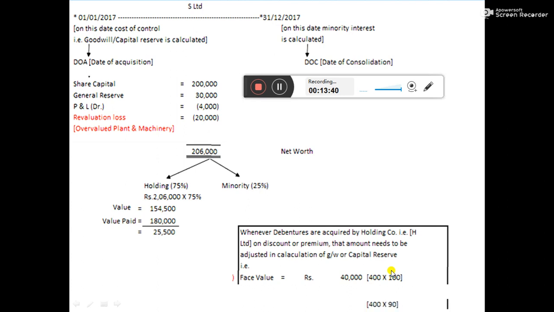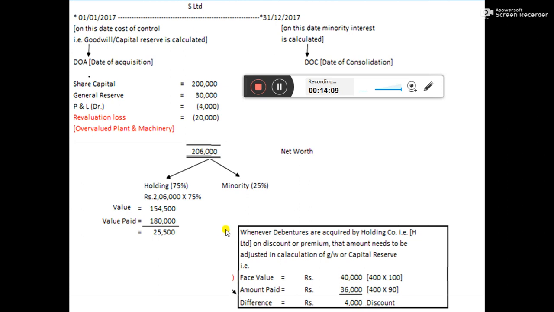But the actual amount they paid is only 36,000. So they are getting these 40,000 debentures at 36,000, which means they are getting them at a discount of 4,000. Whenever there is a discount or premium, that needs to be adjusted in goodwill or capital reserve. So this 4,000 is like a profit for the holding company.